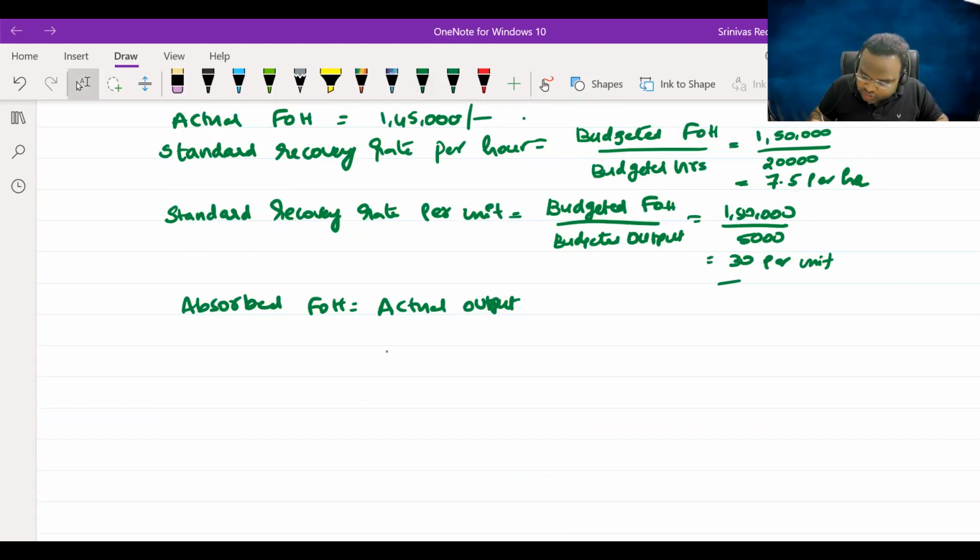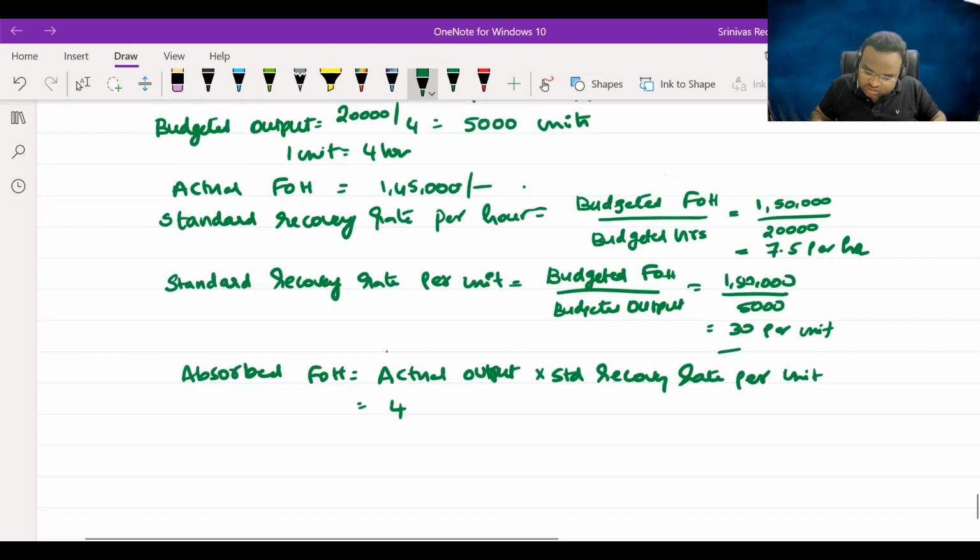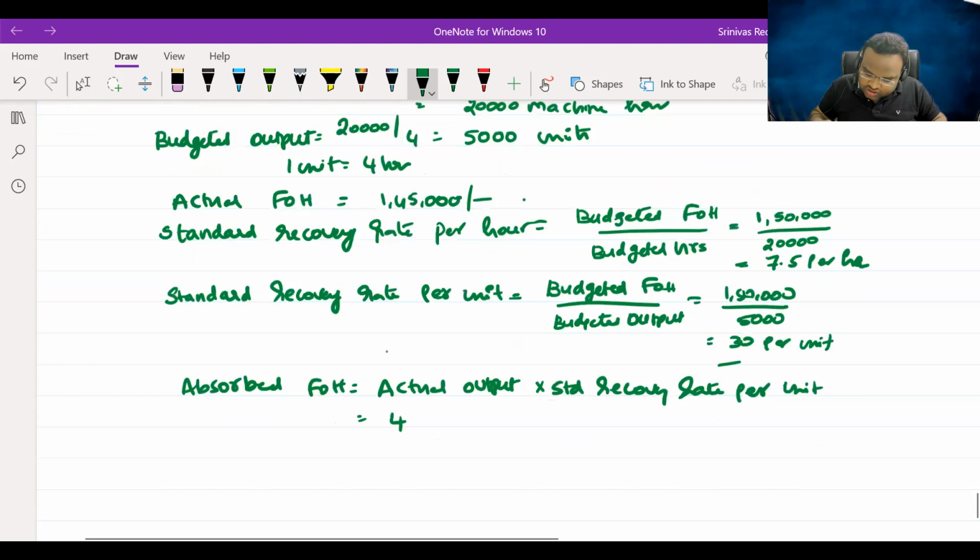Now what is my actual output into standard recovery rate per unit? What is my actual output? Budget is 5,000, actual output is 4,300, right?